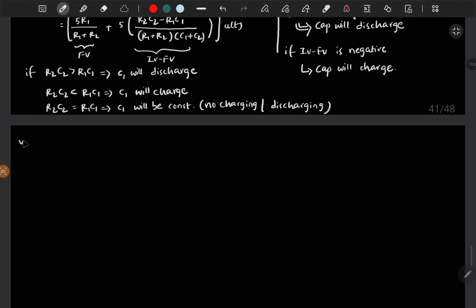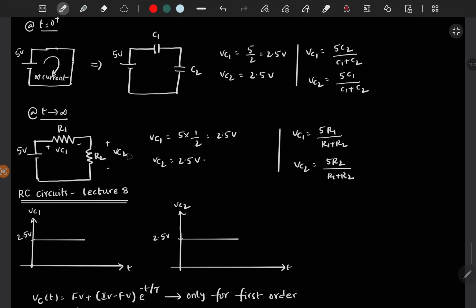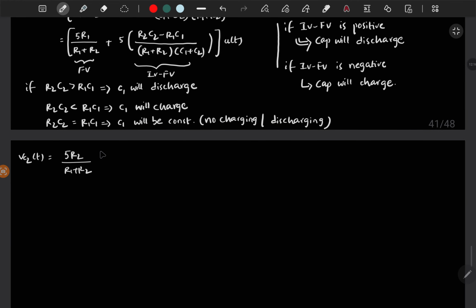What about VC2? VC2 of t is final value. Since it is across R2, the final value will be 5R2 by R1 plus R2, plus initial value minus final value times e power minus t by tau, u of t.